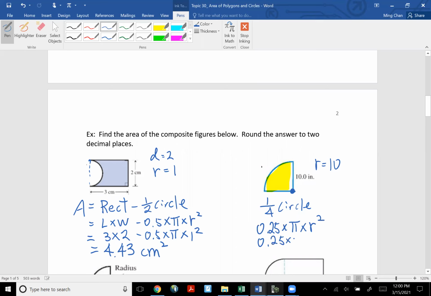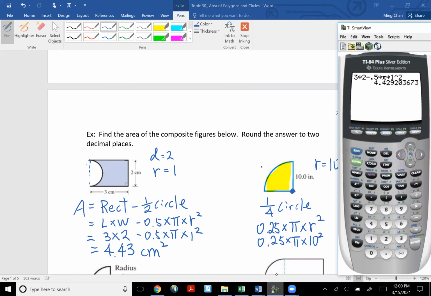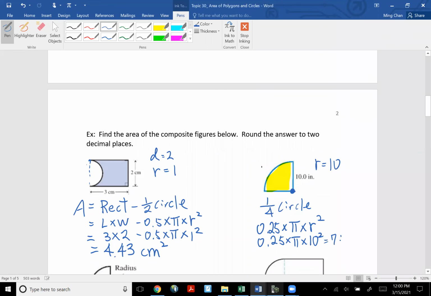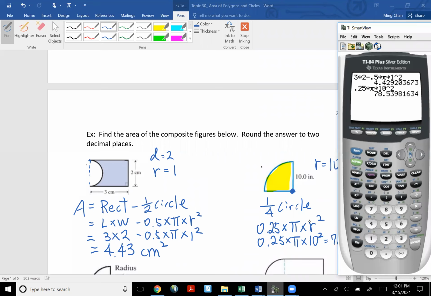So I take 0.25 times the pi key times the radius 10 squared, and that will give me the area. That will be 78.54 square inches.